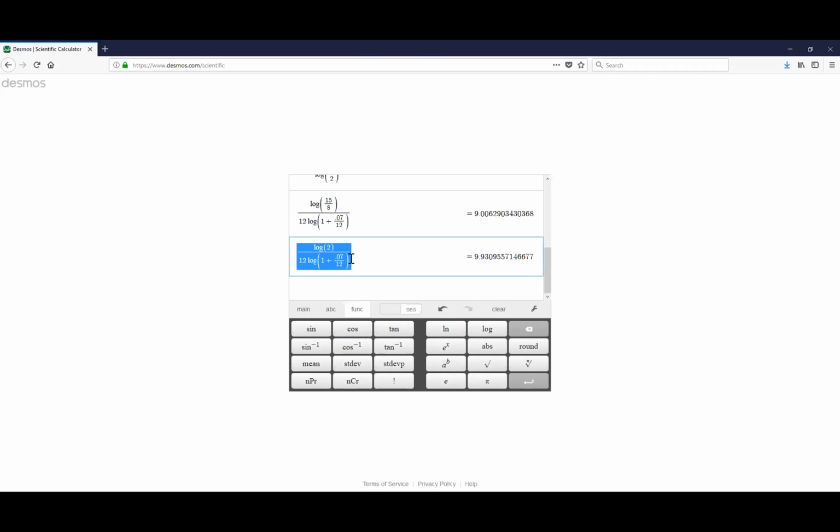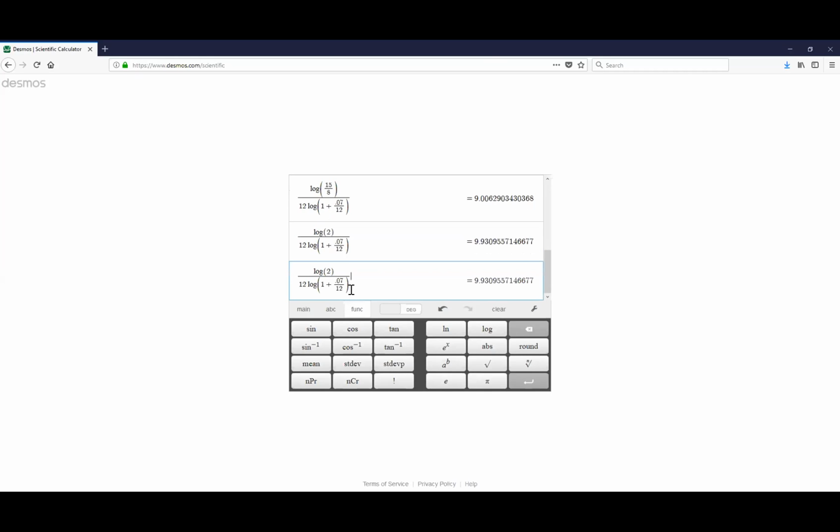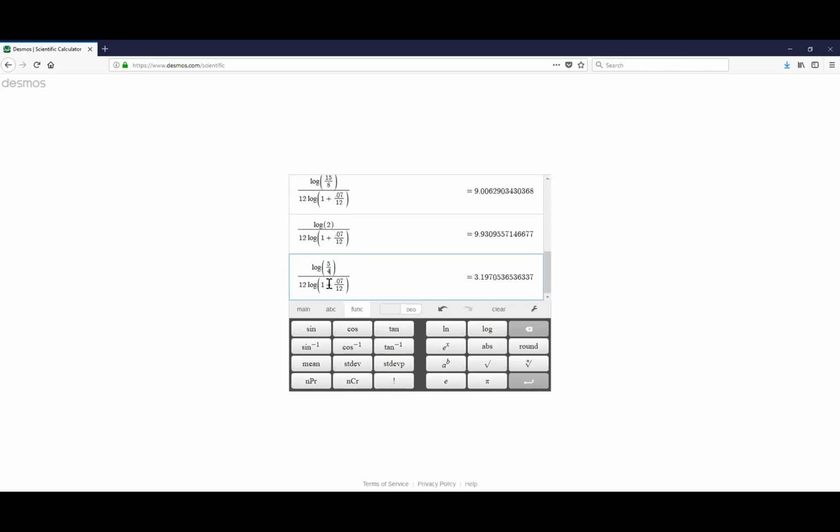The expression is very similar to what we had before, except now we have the log of 5/4 divided by 12 times the log of 1 plus 0.08 divided by 12.